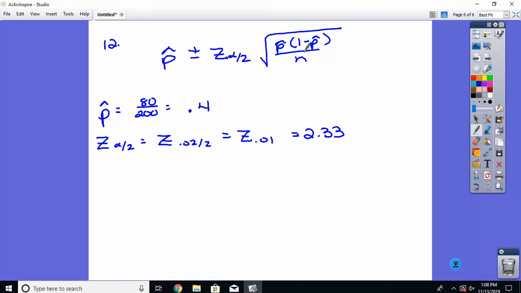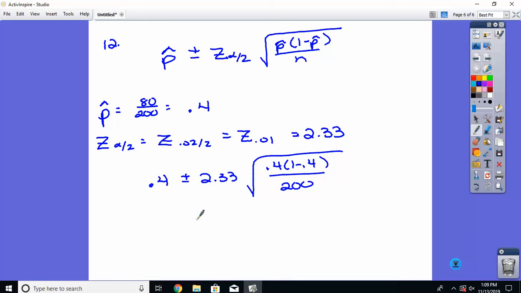Then, I already know everything else, so now we can plug in. 0.4 plus or minus 2.33 times the square root of 0.4 times 1 minus 0.4, over the n, which was 200. You just plug in one at a time, so if I do 0.4 minus that, we get 0.3193.